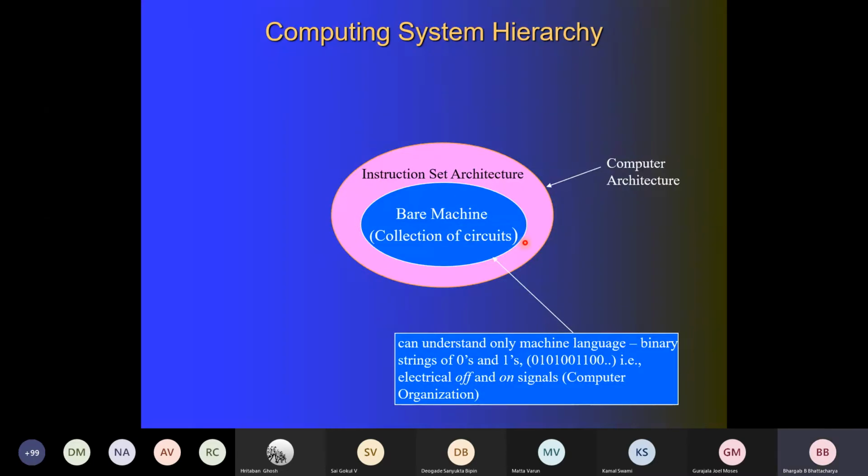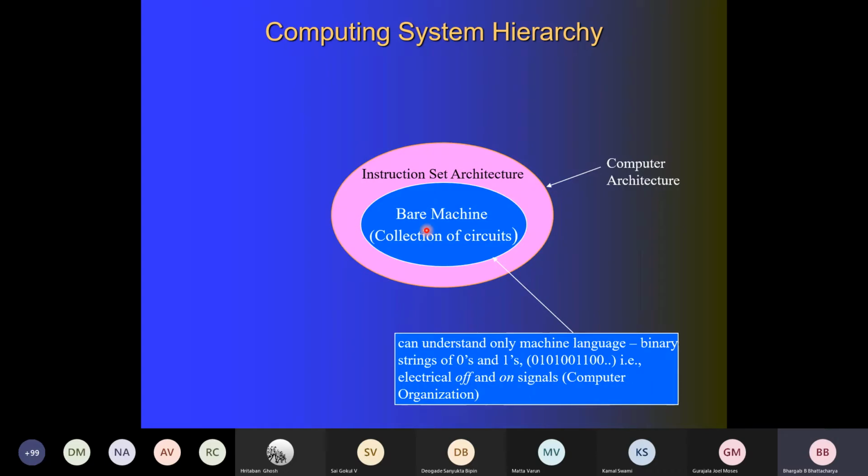So what is meant by the instruction set architecture? It is the behavior of the machine as apparent through the instruction set. The behavior of the machine, as we know, can also be represented in terms of the interconnection of logic gates, but that representation would be further down. So we don't want to look into those details at this moment.